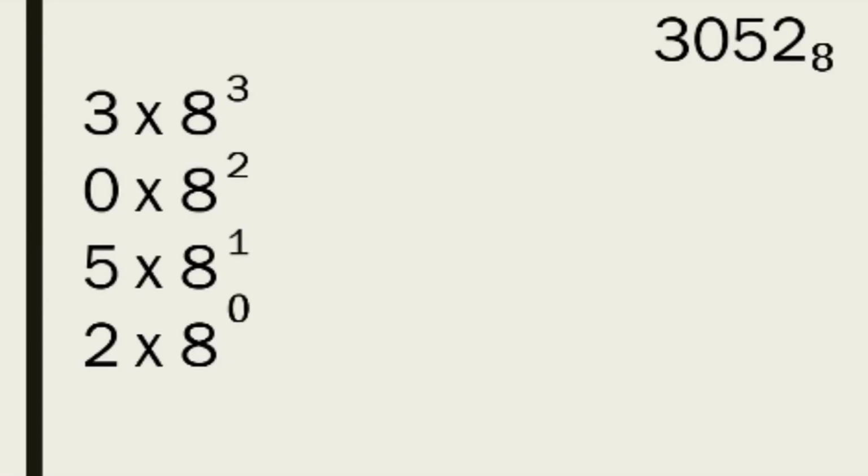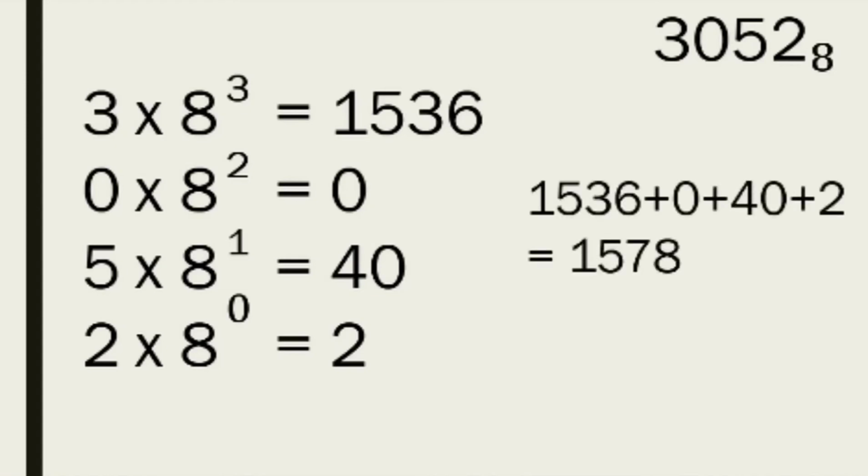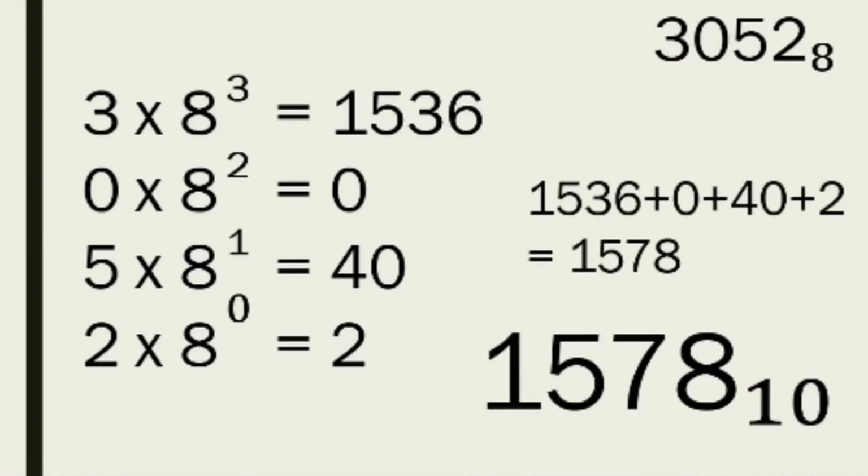It should always start from 0 and must be written from bottom to top: 0, 1, 2, and 3. Solve the equation, then add their product and write down the base number of the converted number. 3052 base 8 in octal is 1578 base 10.